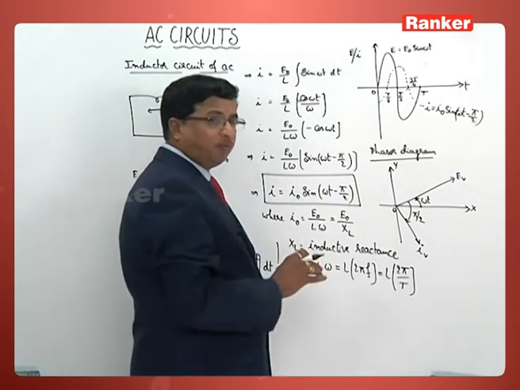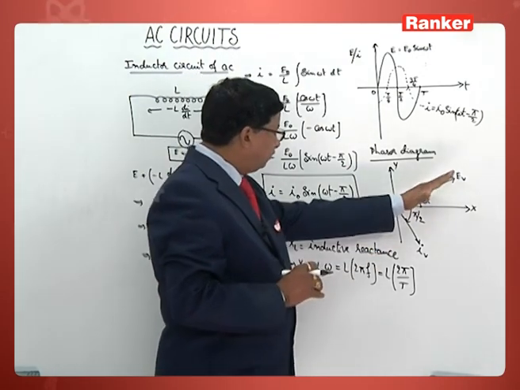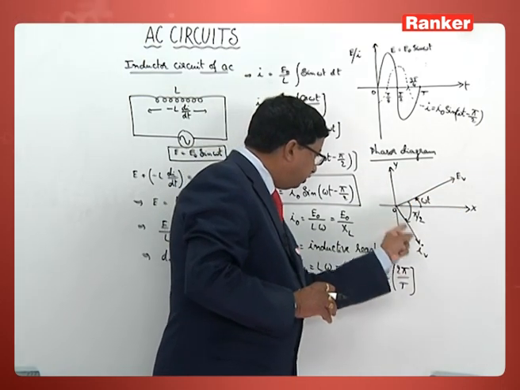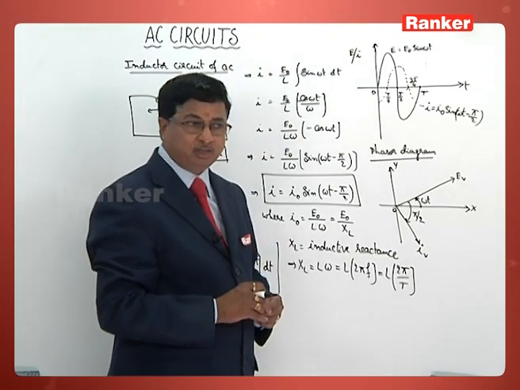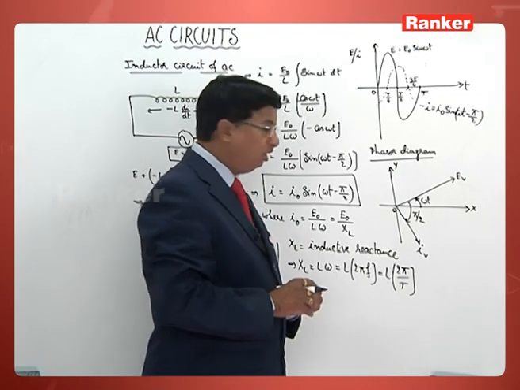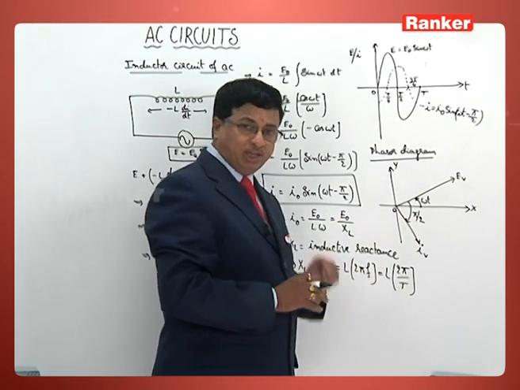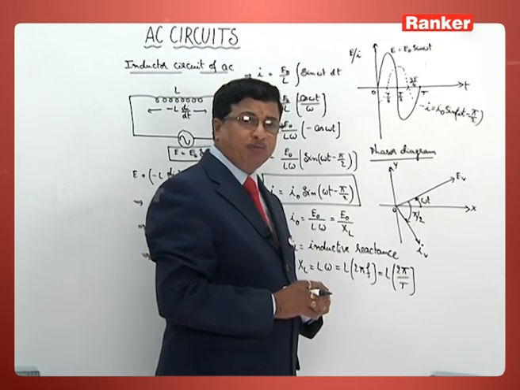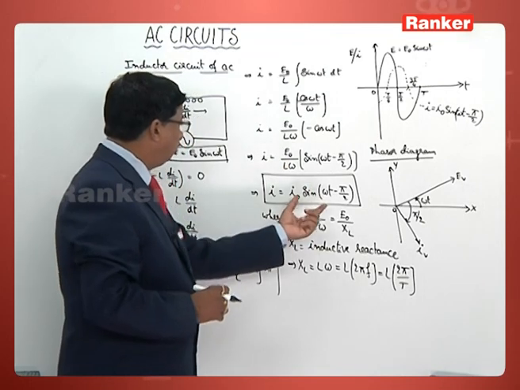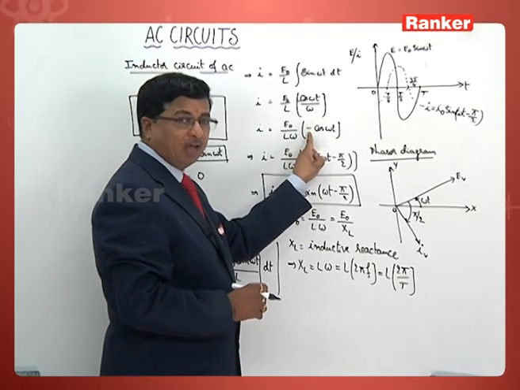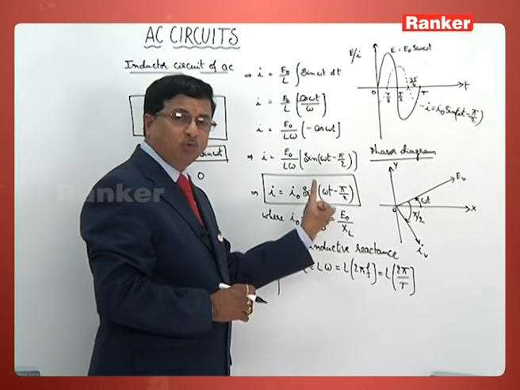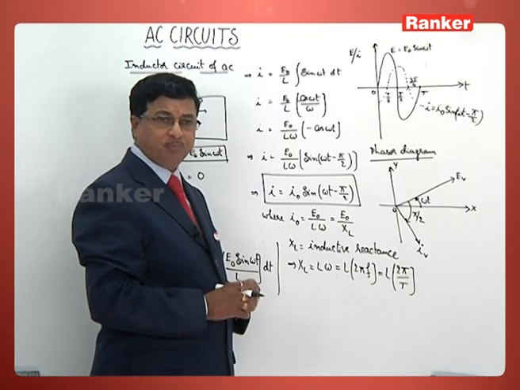So, when we consider the phasor diagram, this line represents the virtual value of EMF, this line represents the virtual value of current, the angle between these two is 90 degrees or pi by 2 radian, and this angle being omega t, the difference between them will be pi by 2 minus omega t, which of course according to this equation, since we are having a negative sign here, we have written that one as sin of omega t minus pi by 2.